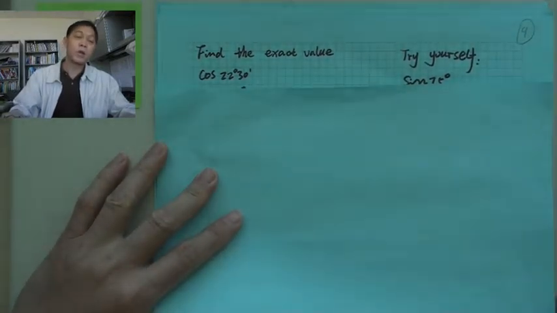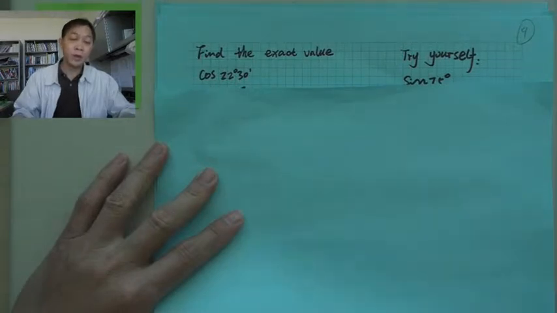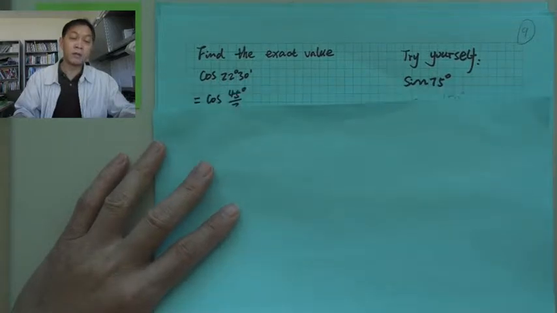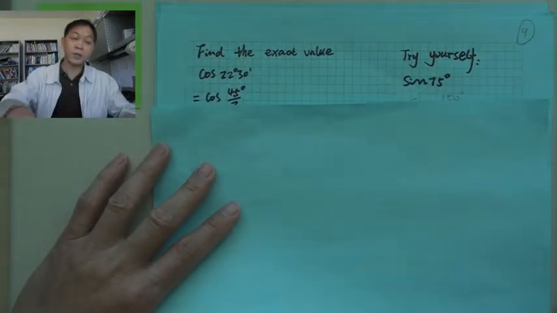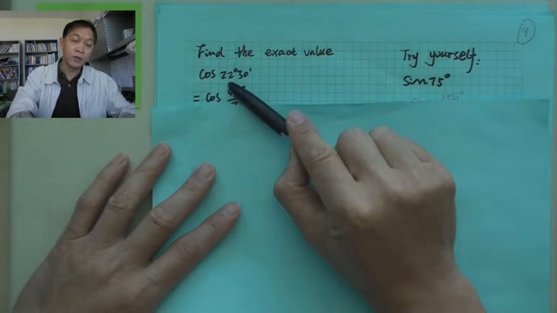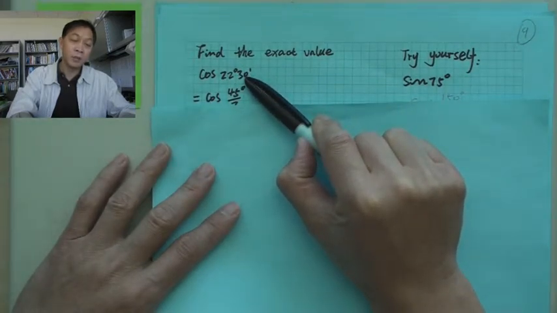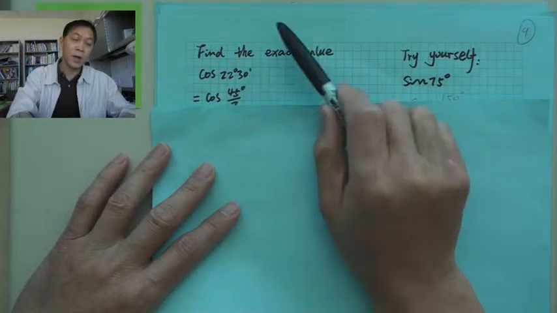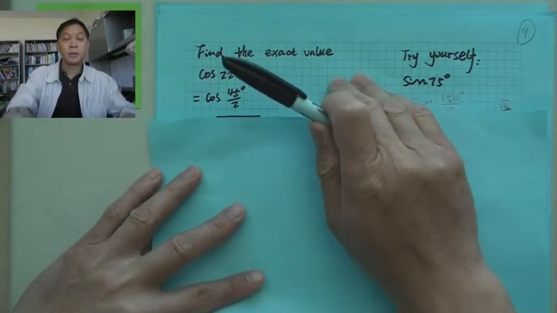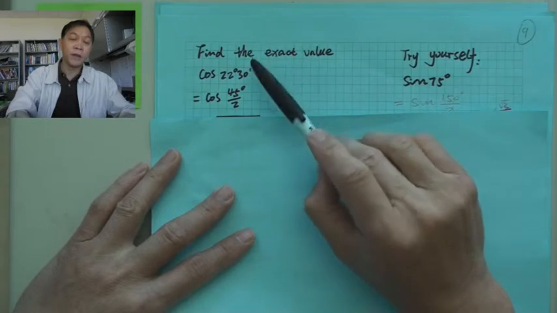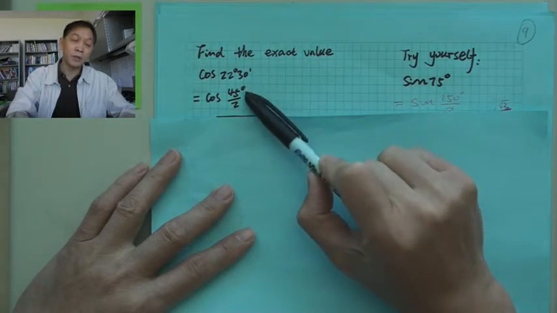Now we know 22 degrees 30 minutes is half of 45 degrees, because here you got 44 and here times 2, then you have 60 minutes, which is 1 degree. But we know cosine 45 degrees is radical 2 over 2.